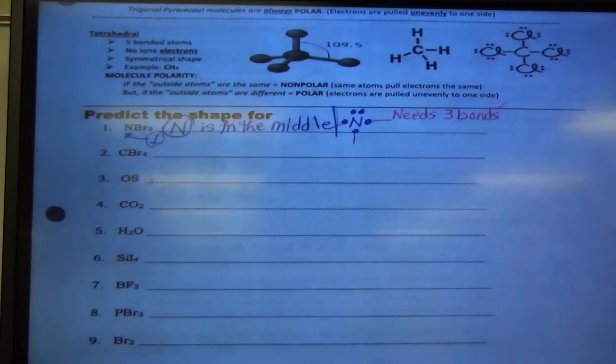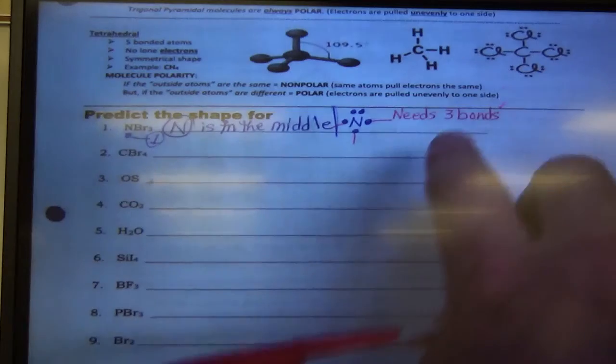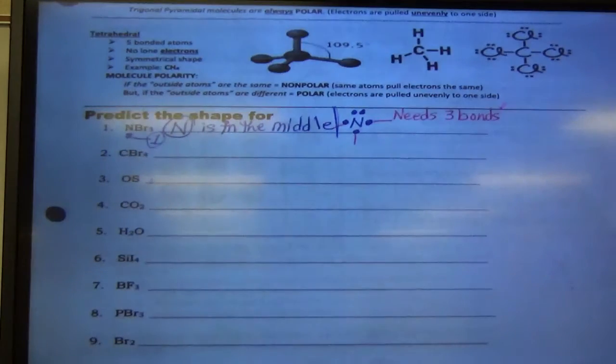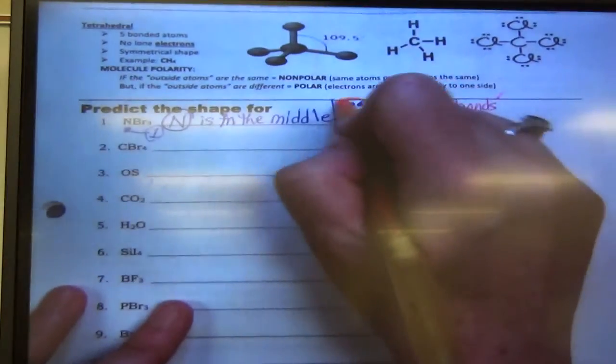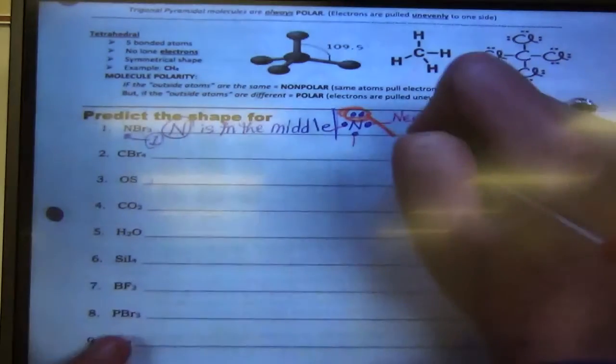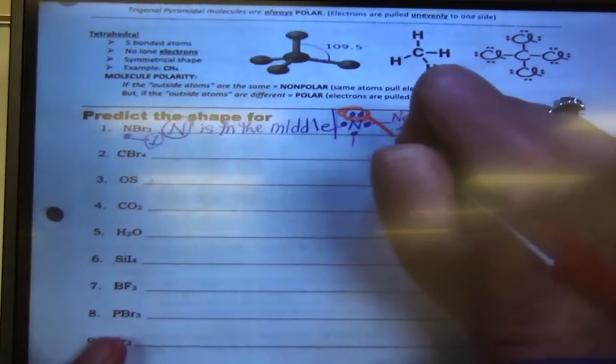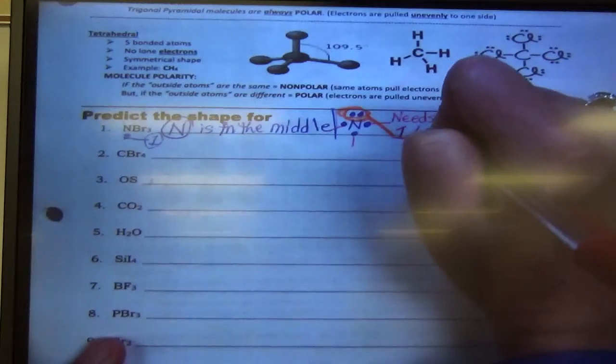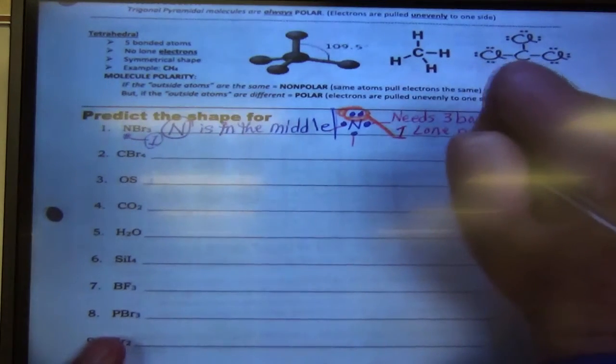Lonely electrons each need their own bond, so that's why it's 3 bonds. Then after they make bonds, we have this pair of electrons left over, and they will be a lone pair of electrons. We have one lone pair of electrons that will occur.